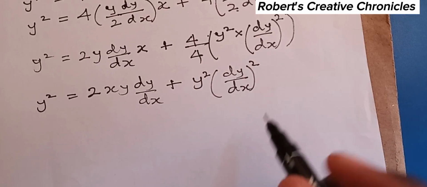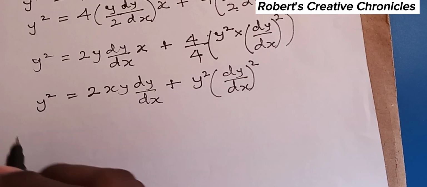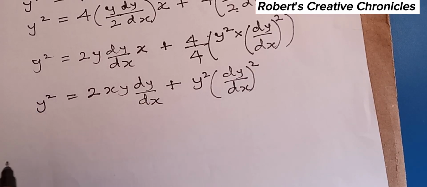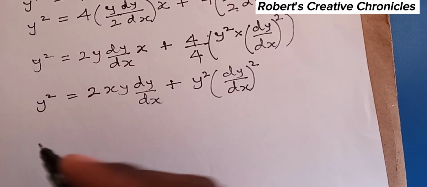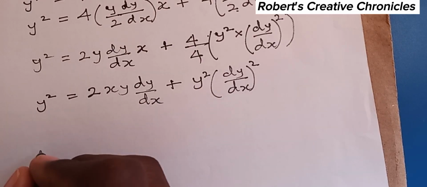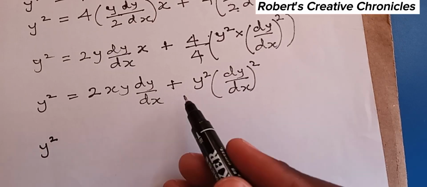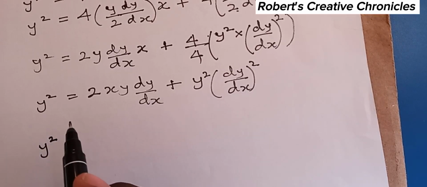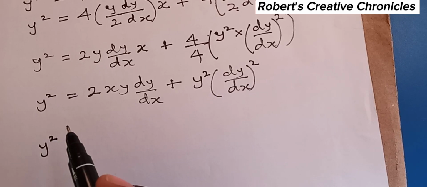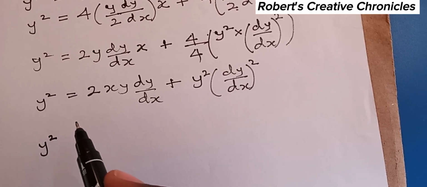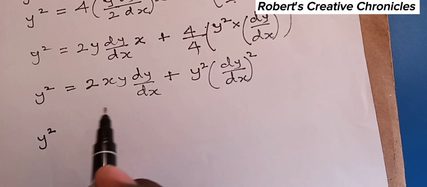So now let's move this to the other side. Let's bring this one here to make things easy. So we'll just bring this y squared here. Though it's also correct, you can also leave it like this. But since it's an equation, most of the time an equation is always equated to 0. But any form you leave it is also correct.